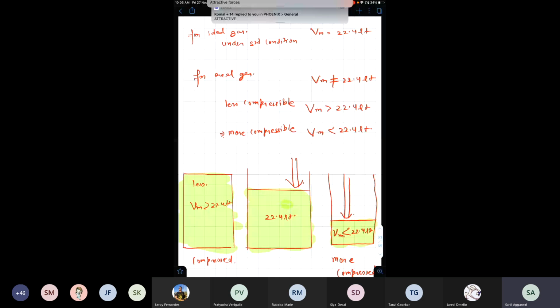Compressible है मतलब they can come closer, they can come closer means attractive forces are dominant. Attractive forces are dominant. Repulsive forces are dominant.